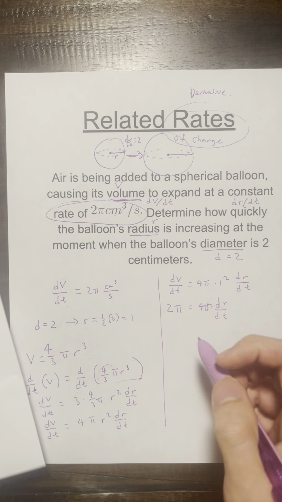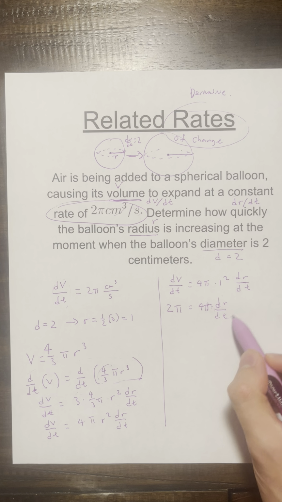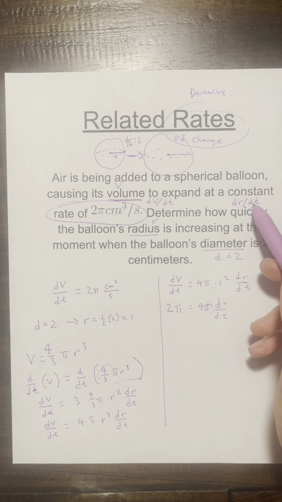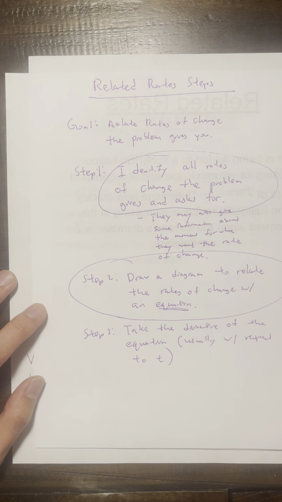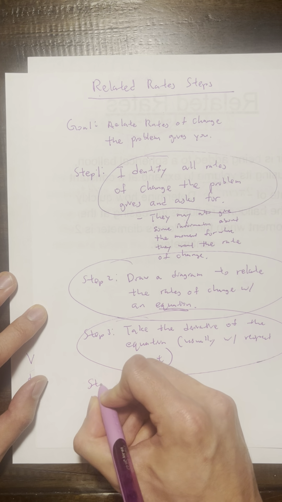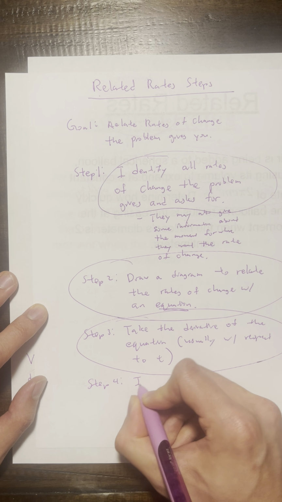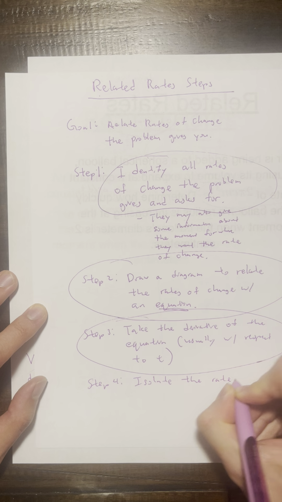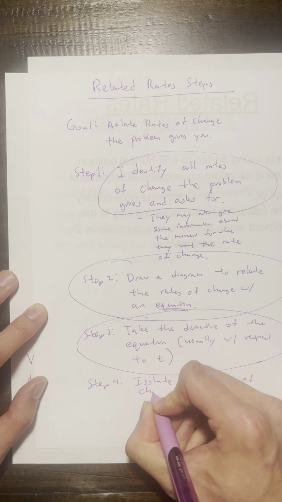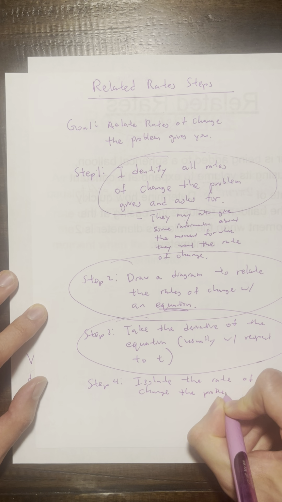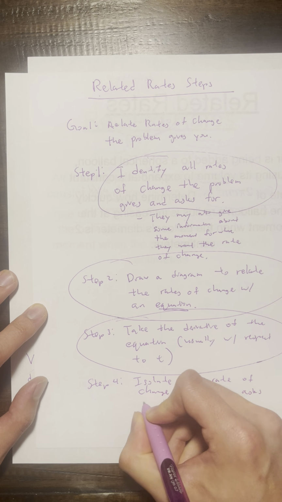And then step 4 is to isolate the rate of change that the problem asks for.